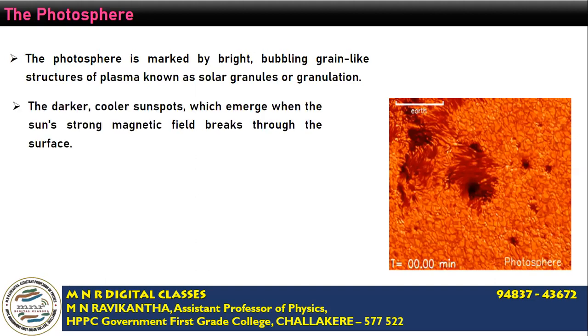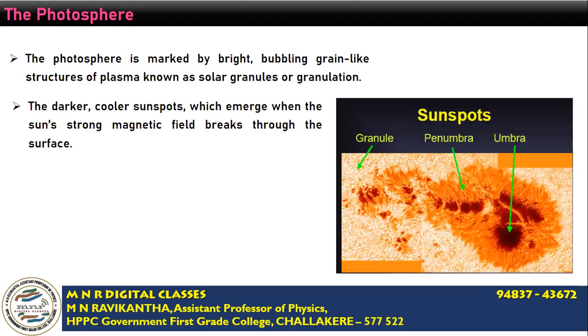Now, in this figure, we also observe that there are some cooler, darker spots which are called sunspots, which emerge when the sun's strong magnetic field breaks through the surface. Here, observe that the darkest part of the sunspot is called the umbra region. Little brighter spots are called the penumbra region, and we have the granules surrounding these sunspots.